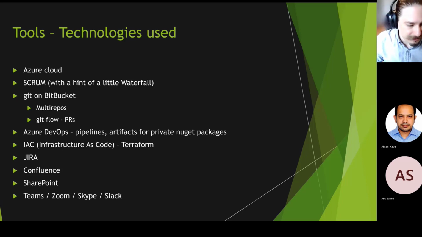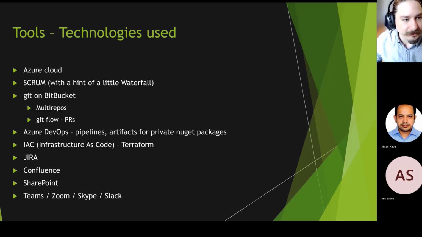We use mostly Teams and Zoom for inside and outside communication, the team. And we use Skype and Slack as well. Everything you have is used because everyone is using different channels.